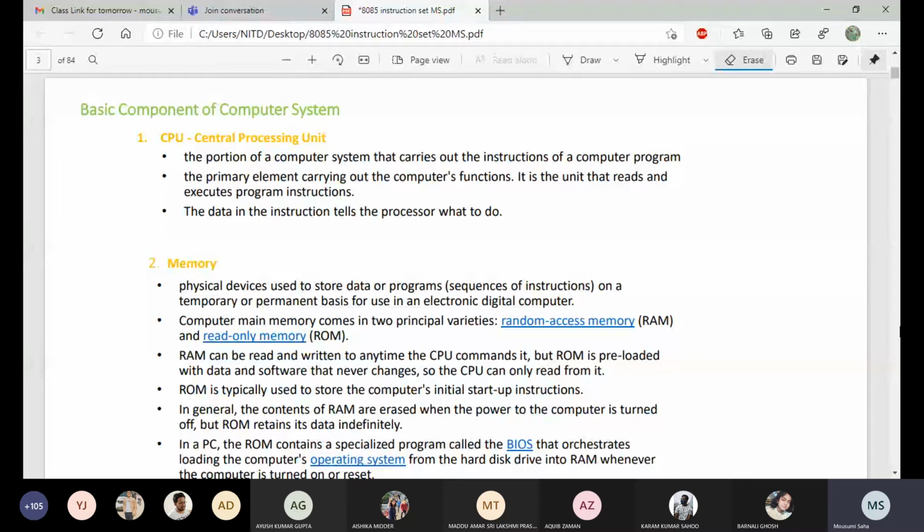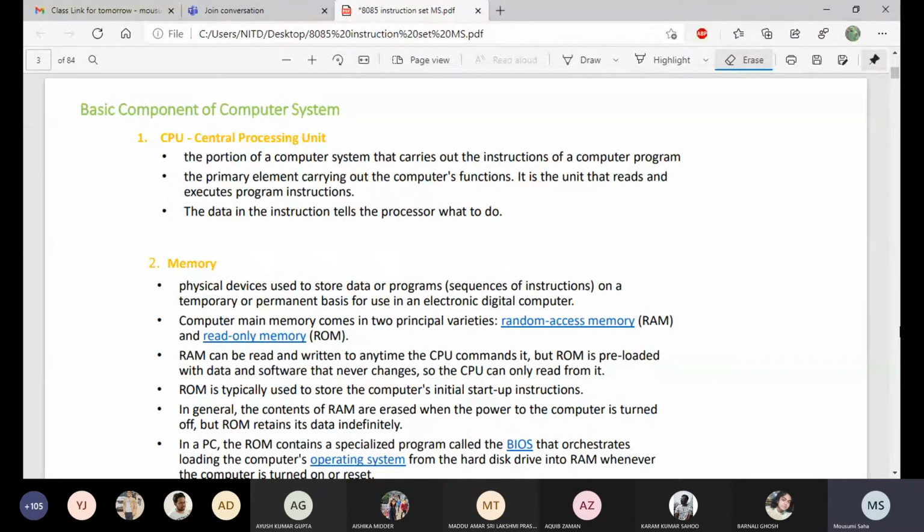You know that ROM is the read-only memory. A basic routine is always stored in it, the basic input output system. That means whenever you switch on your system, first it checks whether all the components are in working condition or not. That is checked by the BIOS. If all are okay, at that moment it goes to loading your operating system.